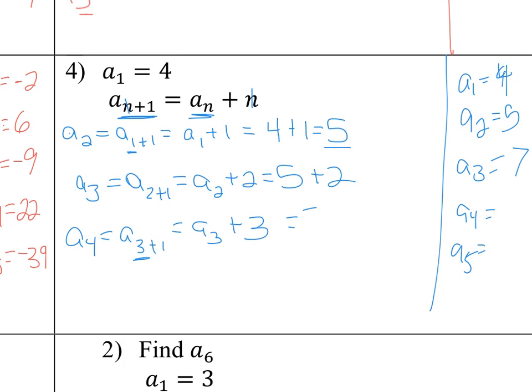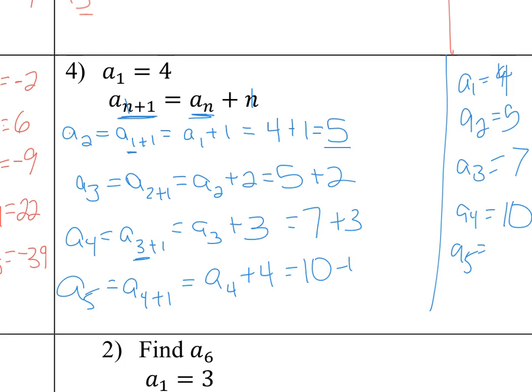So the one before was 7 plus 3, or 10. And the last one, a sub 5, is a sub 4 plus 4. So it is 10 plus 4, or 14.